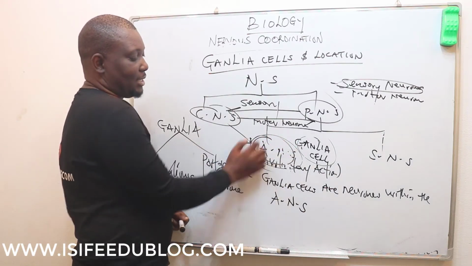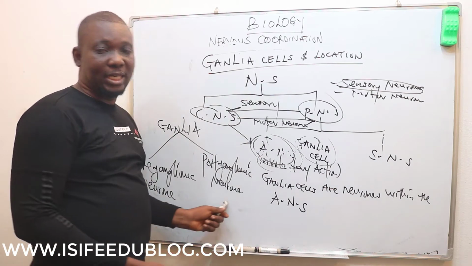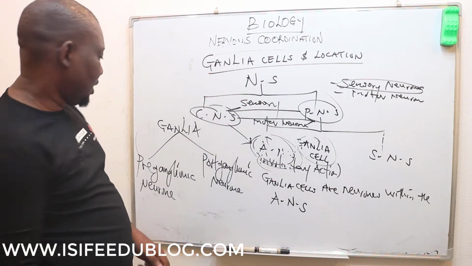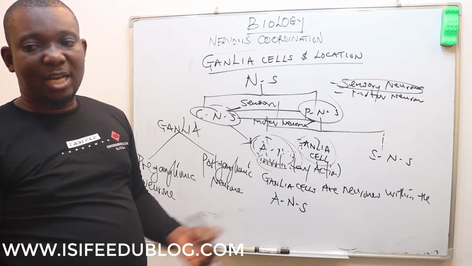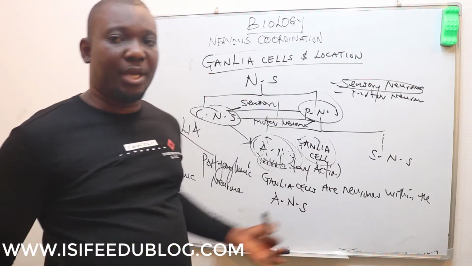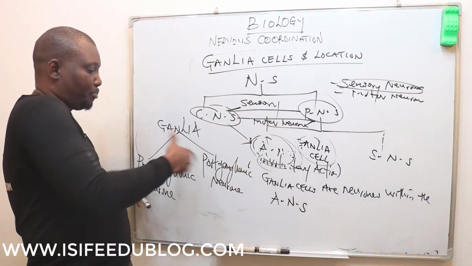So there are ganglia cells around this A.N.S., and these two ganglia cells are the preganglionic and the postganglionic. Just like the name implies, pre is before and post is after.